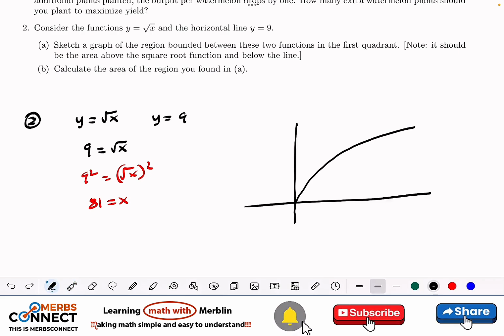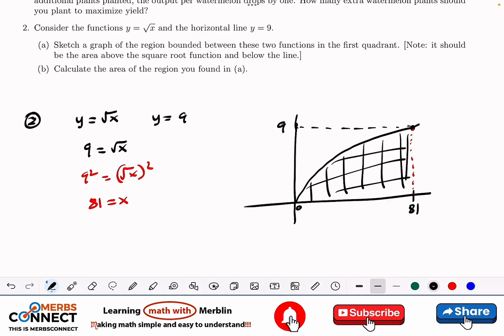So we are going to have 0, and when x is 81, we have 9 for the y. So let's assume that we have 81 here. Then we are going to have a point somewhere here which will correspond to the y-axis, and it's going to give us 9. Right. So we are going to have something like this, and then the area that we are going to think about is this one here. So this is what we are going to talk about.